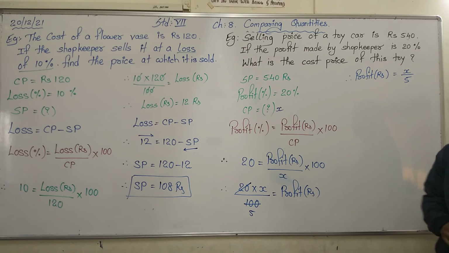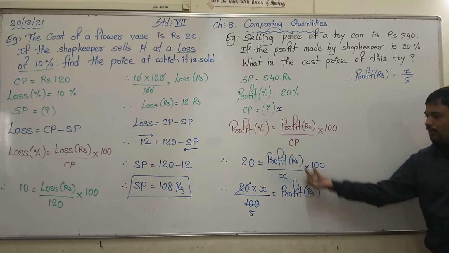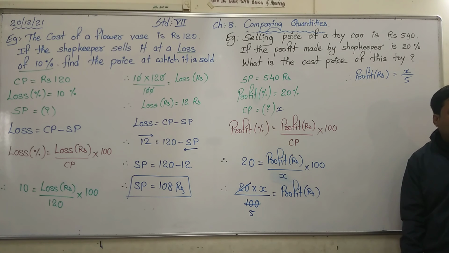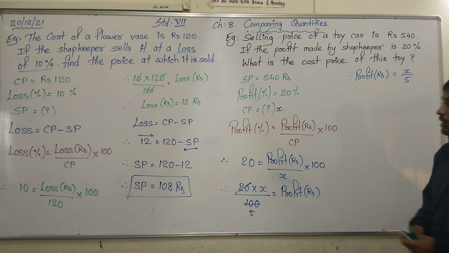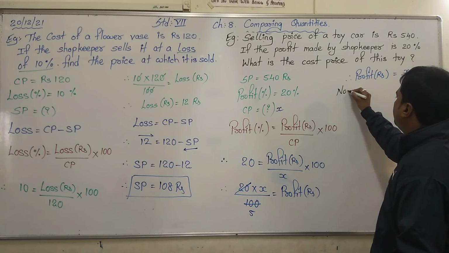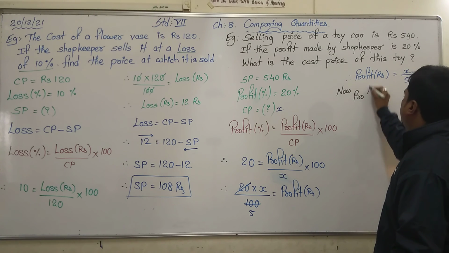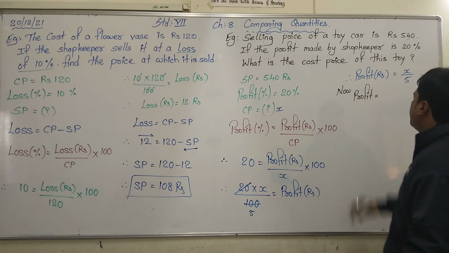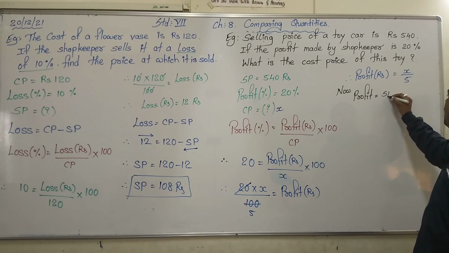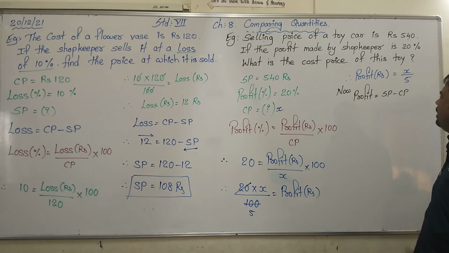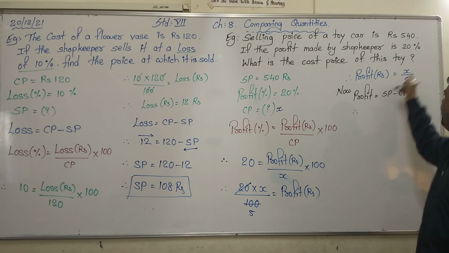Did you get the idea? It is a bit strange. We do not have the cost price. Now profit is equal to SP minus CP. Therefore, what is profit?